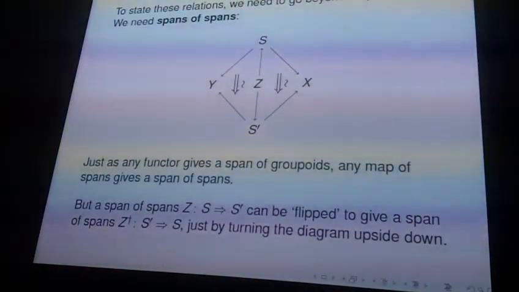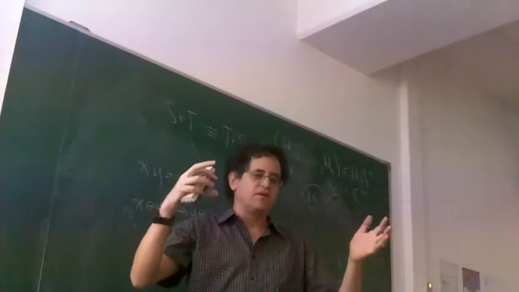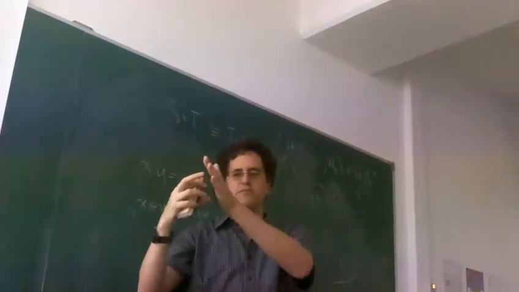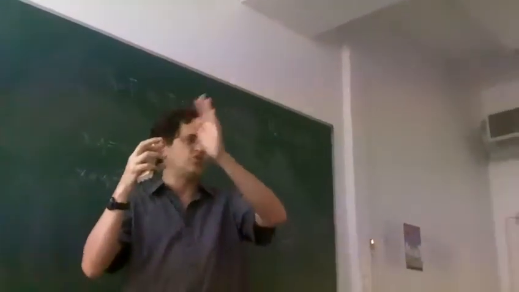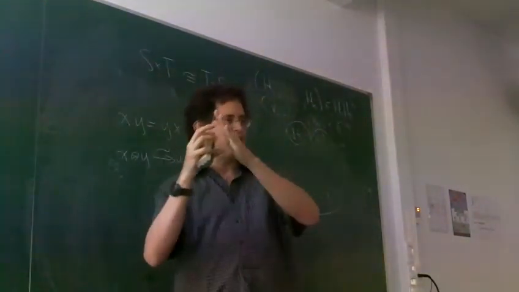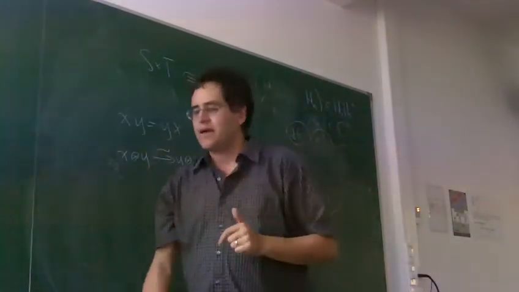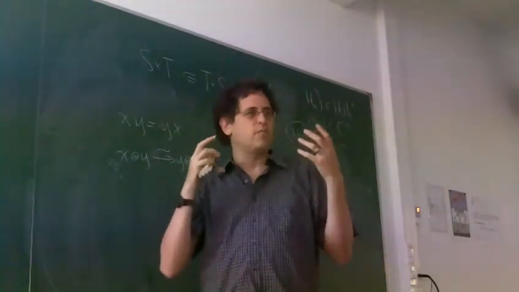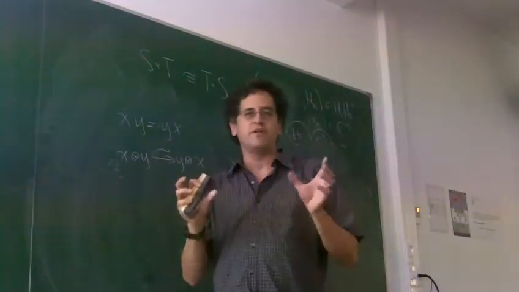That dagger category structure I'm talking about is the basic idea that whenever you have a quantum process, there's a reverse or adjoint quantum process going back, which is not necessarily an inverse operator, it's an adjoint operator. And basically in quantum mechanics, there's no built-in arrow of time.